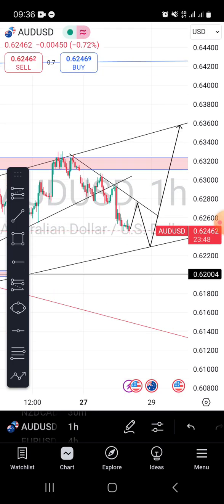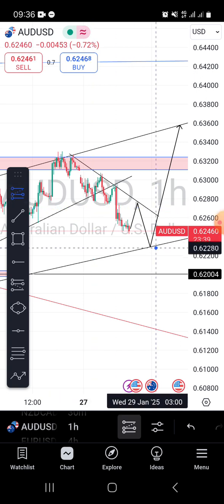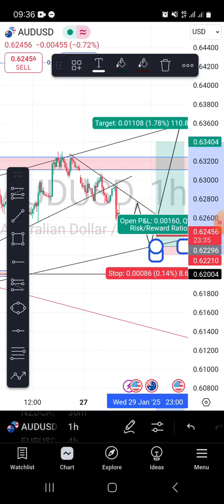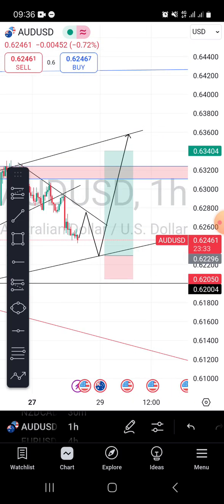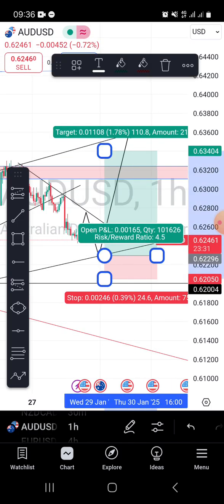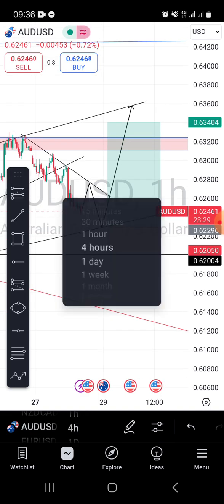However, this market can continue pushing down. So we are expecting just a candle rejection here on this uptrend line. I would like to switch to H4.